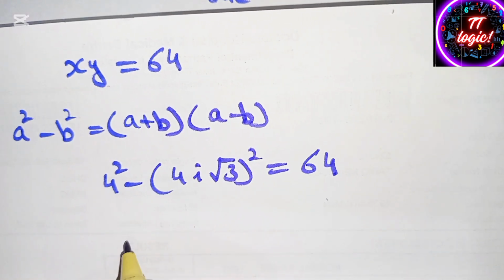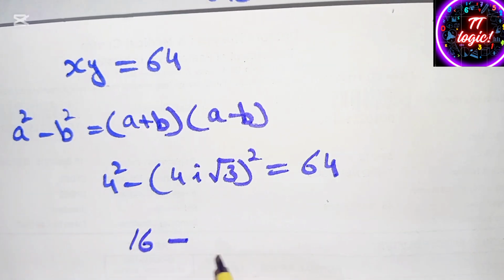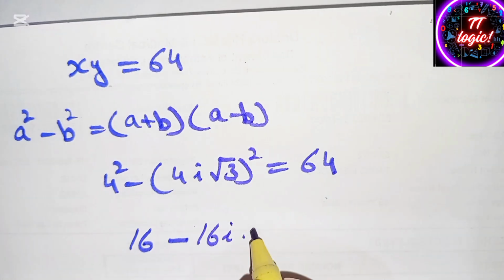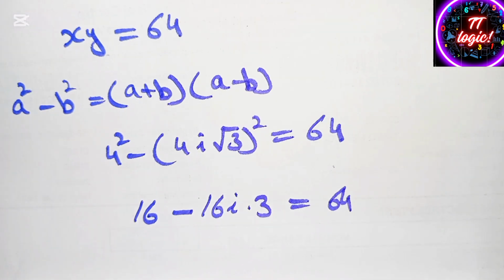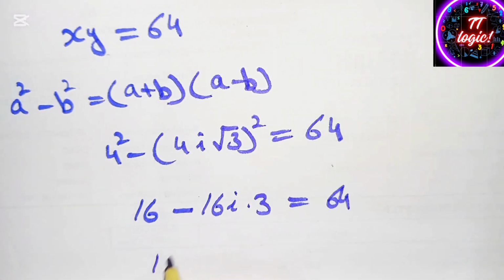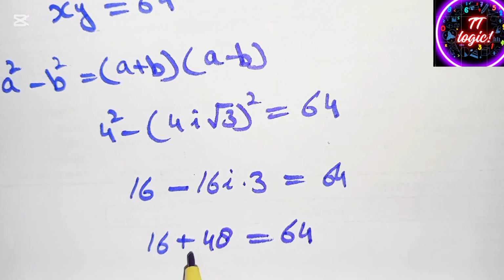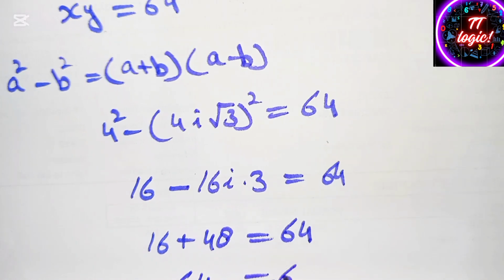And 4 square is equal to 16, minus 16i square times 3, is equal to 64. So 16 plus 48 is 64, and is equal to 64.